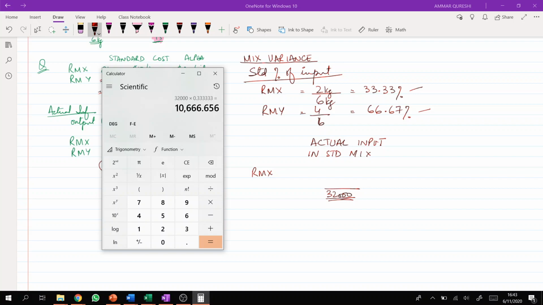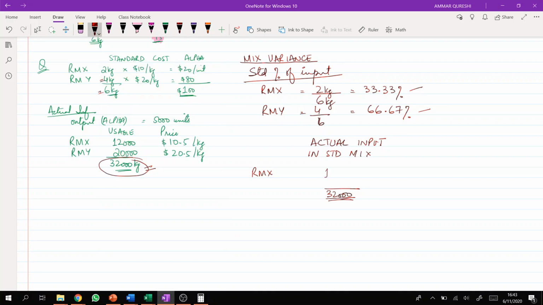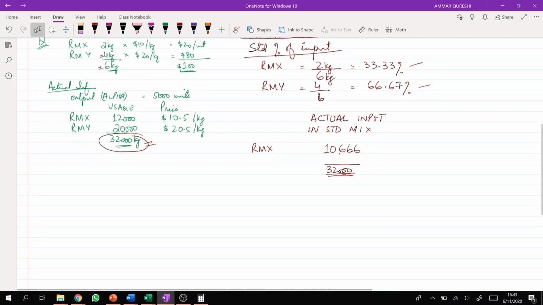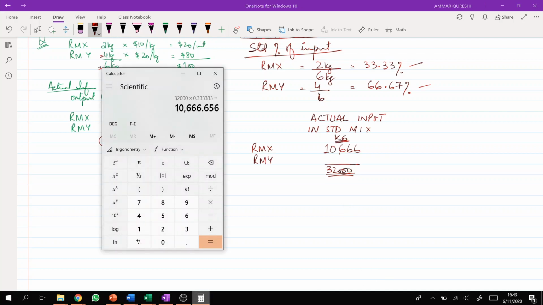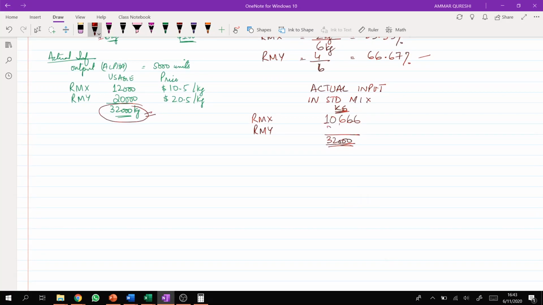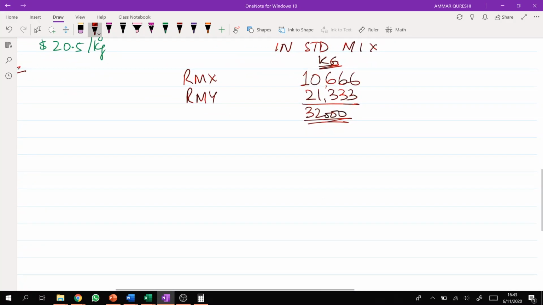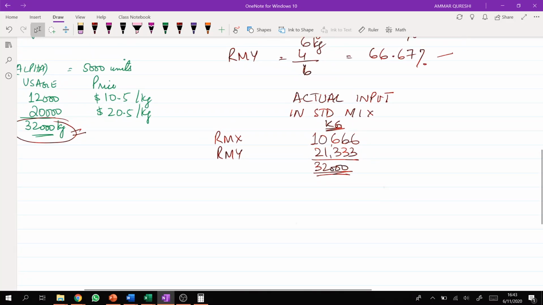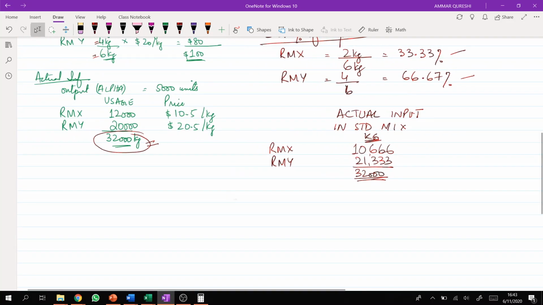That makes 10,666 kilograms of X that should be in the mix, and raw material Y should be 32,000 times 0.66667, which is 21,333 kilograms. So this is basically the actual input in a standard mix.